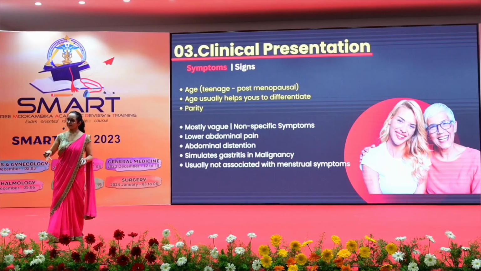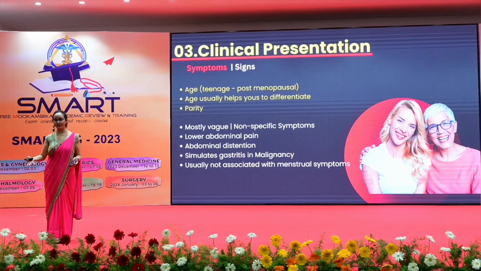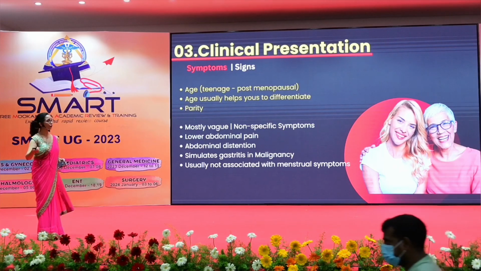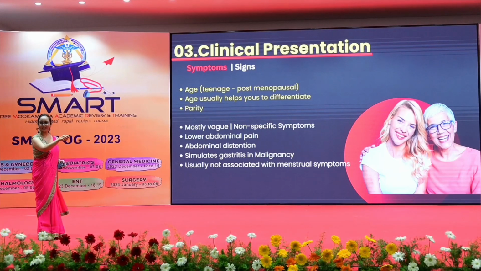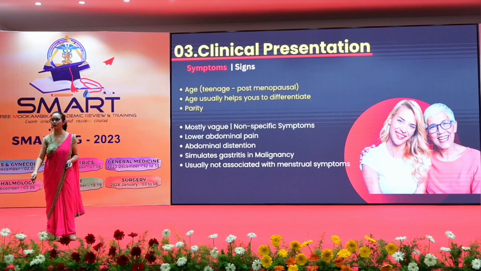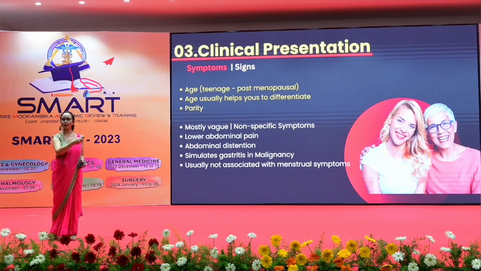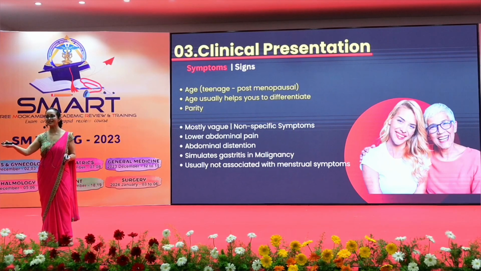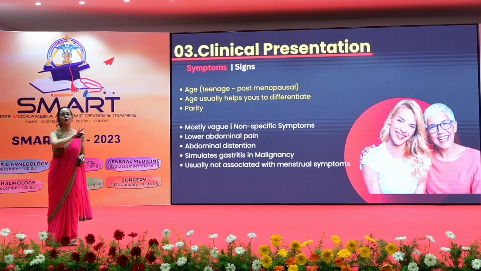Clinical presentation varies depending on what kind of adnexal mass it is, but there are some important things I wanted to tell you. First is the age. Here age is no bar. Unlike postmenopausal bleeding, where some things you cannot say because they happen only during a certain age, for adnexal mass there is no rule.